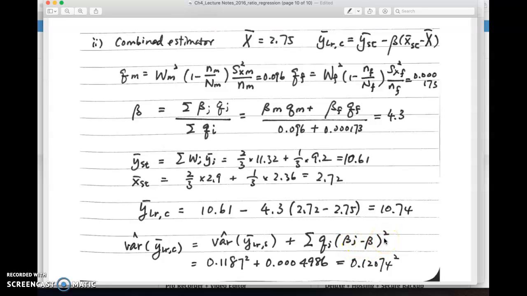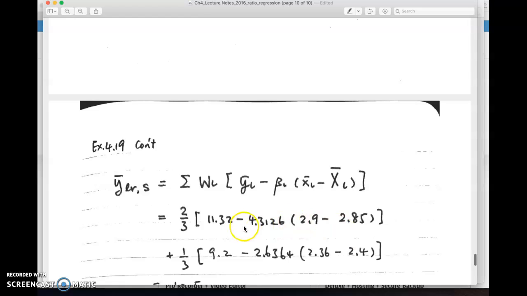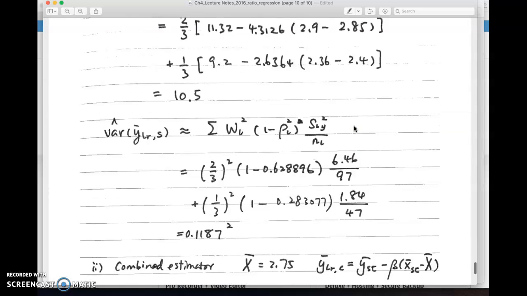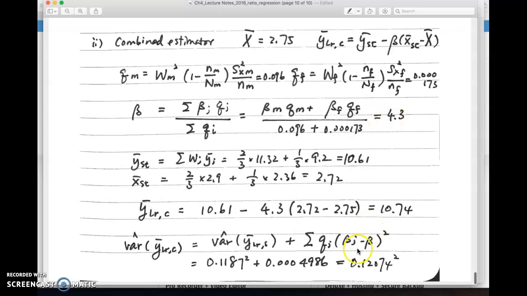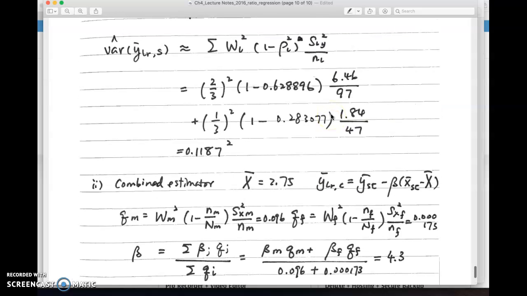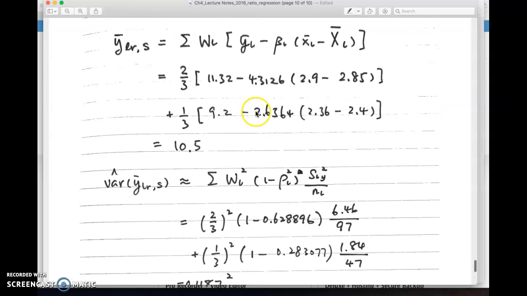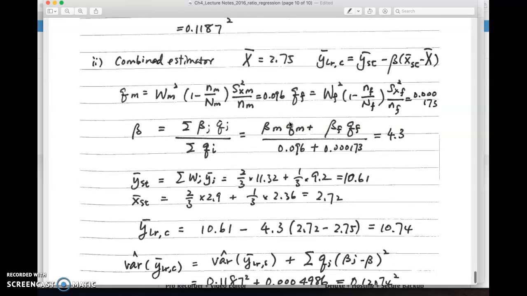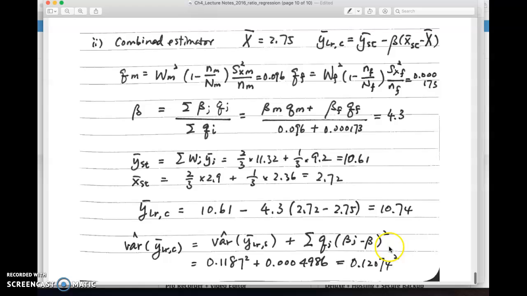So in other words, we find that QM is about 0.096 multiplied by the male beta, which is 4.31, subtracted by the overall beta 4.3, squared, plus QF, which is 0.000173, multiplied by beta F, which is around 2.6364, minus the overall beta 4.3, squared.